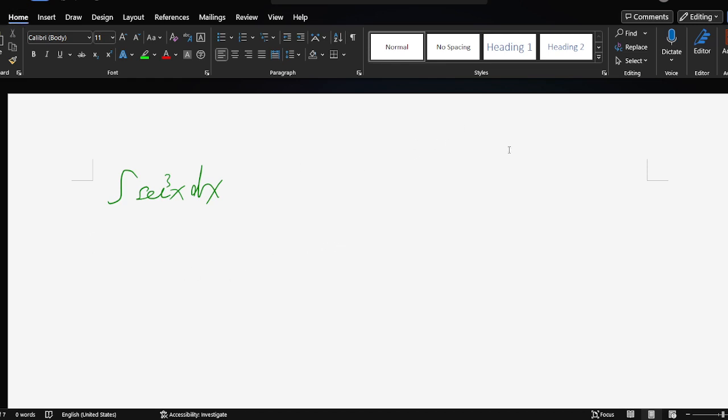Okay, now we take the integral of secant x cubed dx. So we write there secant x squared times secant x dx.